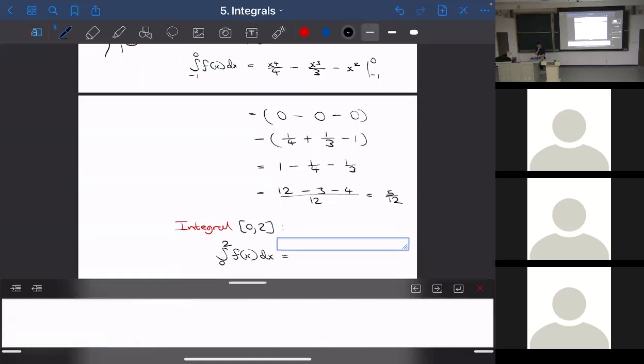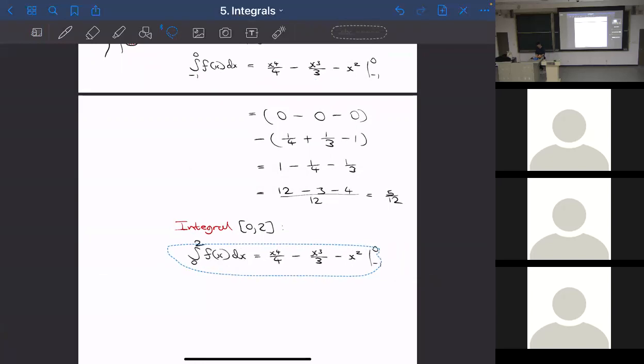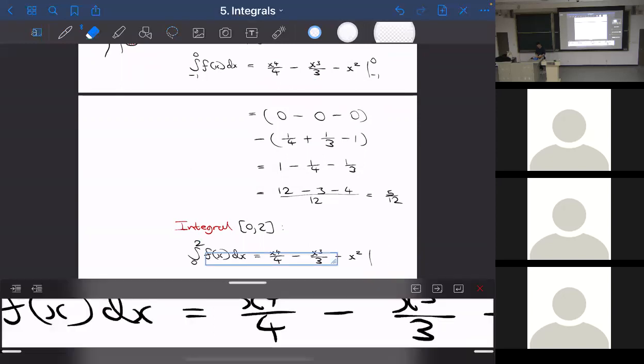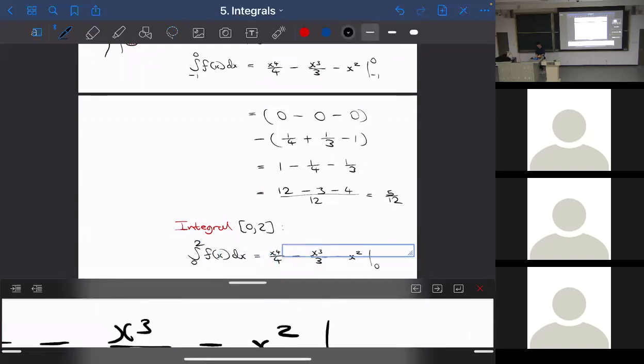Okay, so the same antiderivative is going to do the job here as well. I change the limits now, and get this.